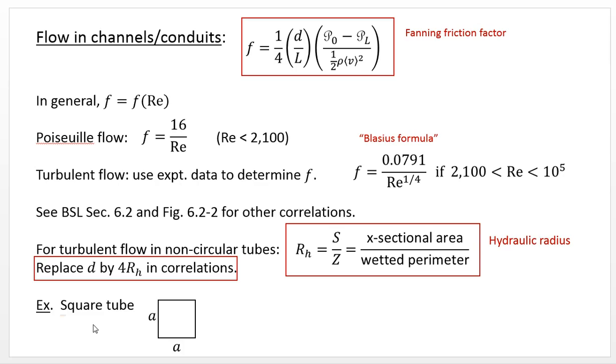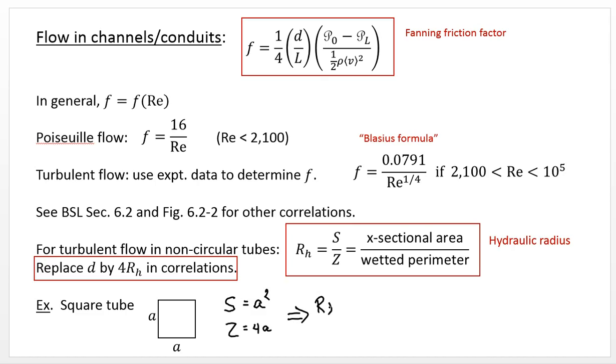Another example, let's say we have a square tube. The tube has length of each side A. What is the hydraulic radius? Well, the cross-sectional area is simply A squared. The wetted perimeter Z is equal to 4A.